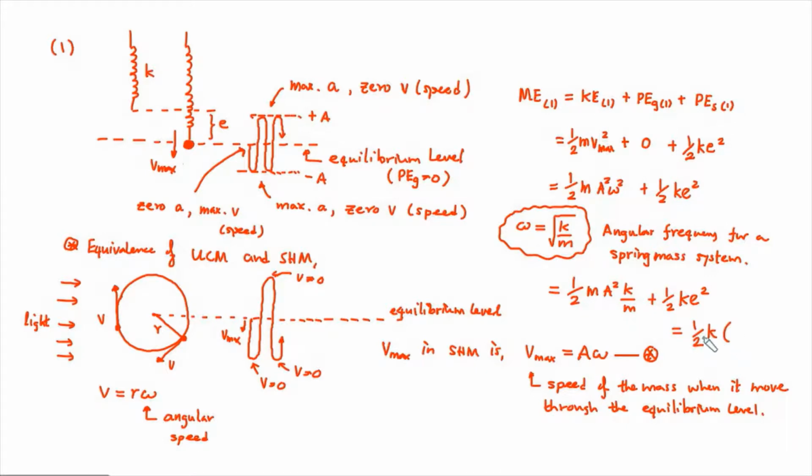When you factor out 1/2 k, you are going to end up with amplitude squared plus the extension squared. So this would be the simplified expression for the total mechanical energy when the mass passes through the equilibrium level, which I have denoted by 1. So that's how you do part 1 of this problem.